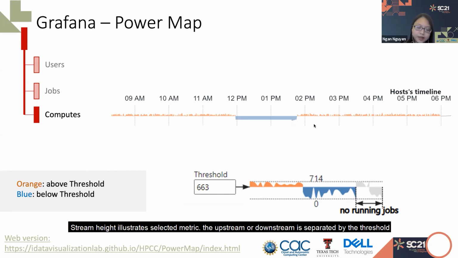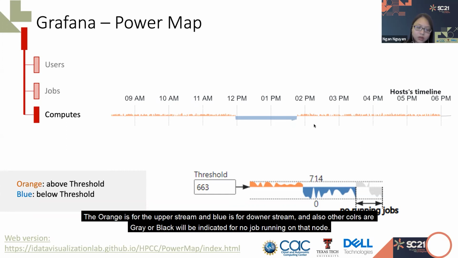The stream illustrates the selected metric. The upper stream and downstream are separated by a threshold. Orange is marked for the upper stream and blue for the downstream. Another color, red or black, indicates no job running on that node.